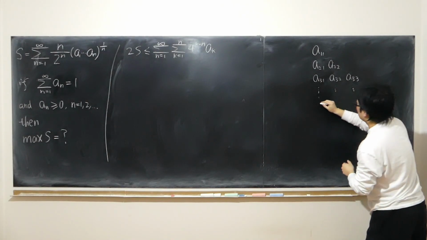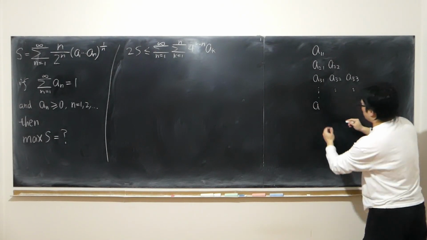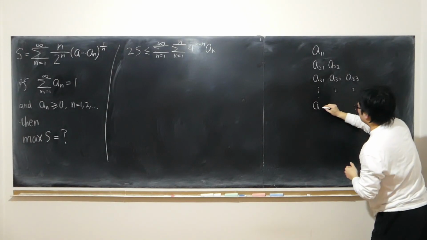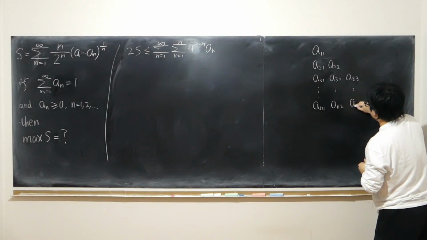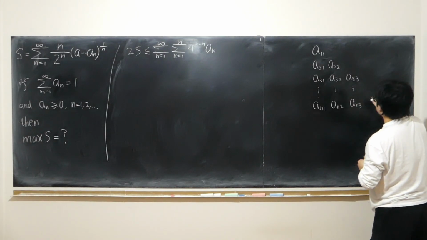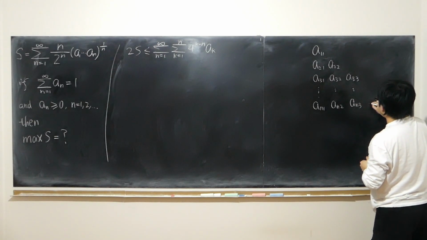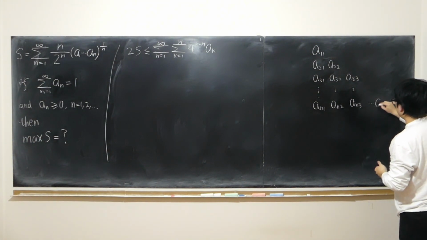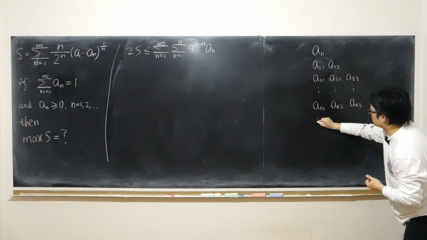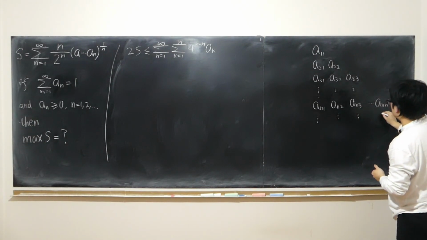So on and so forth. For example, the nth row: AN1, AN2, AN3, and so on, but we stop at ANN. So on and so forth to infinity.